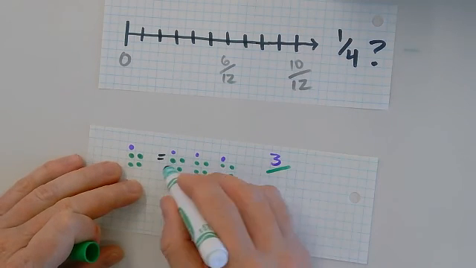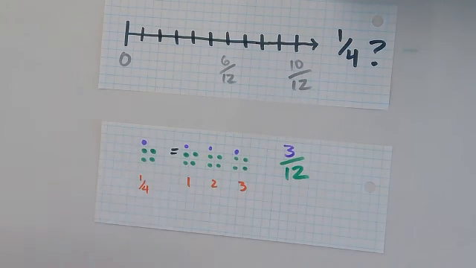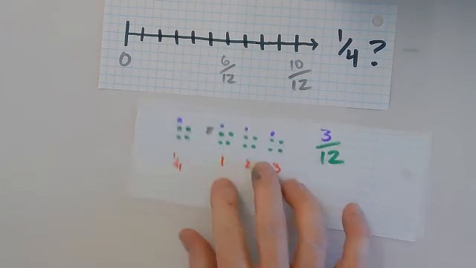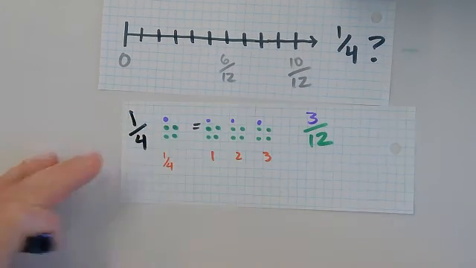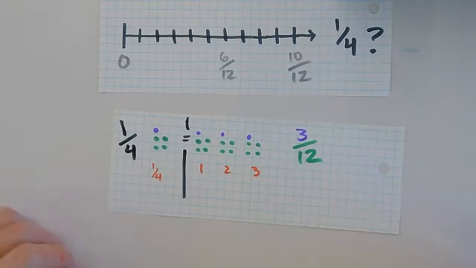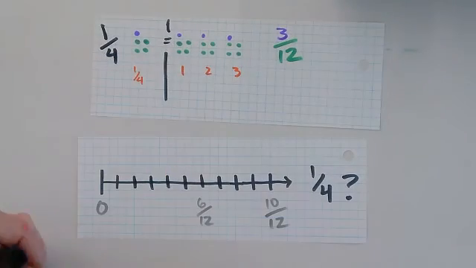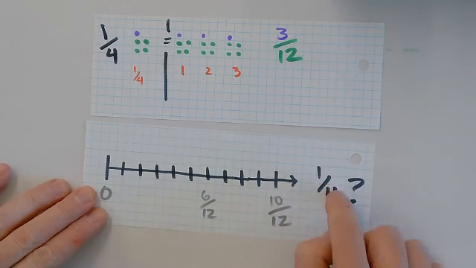So the numerator is going to be 1, 2, 3. And the denominator, remember all that? That's all 12, right? So this is one way to model how 1/4 is the same as 3/12.